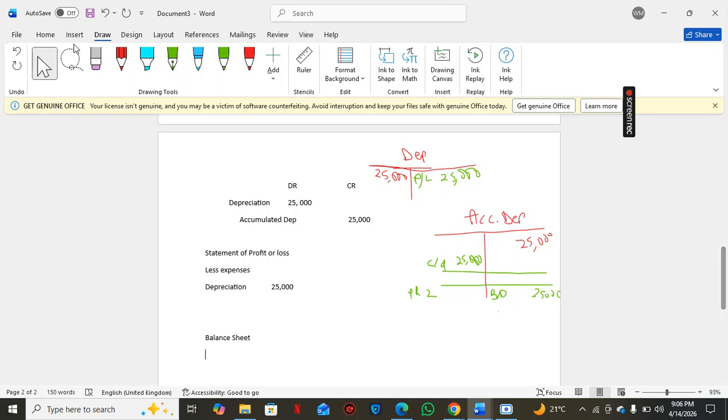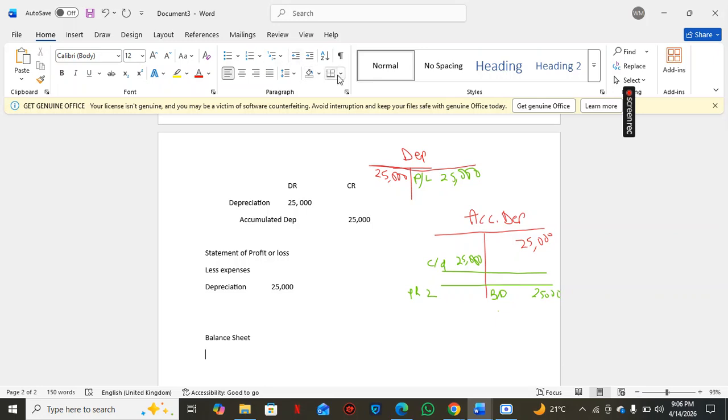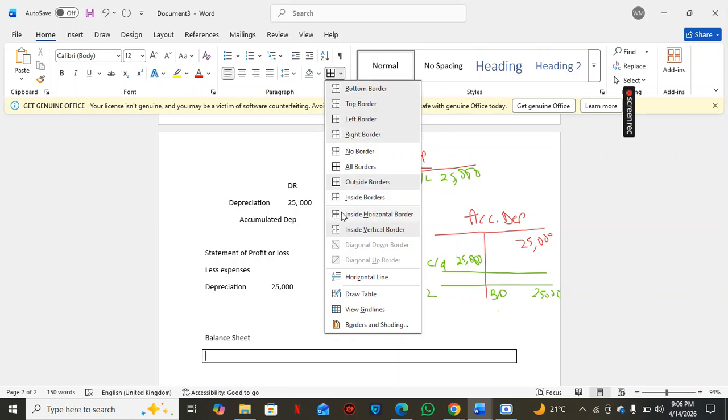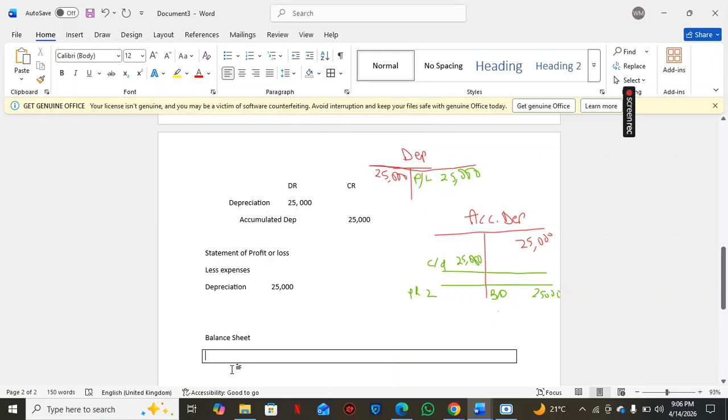In the balance sheet, at the end of the first year, this asset has dropped in value. So we have to find out what is the net book value at the end of the year.